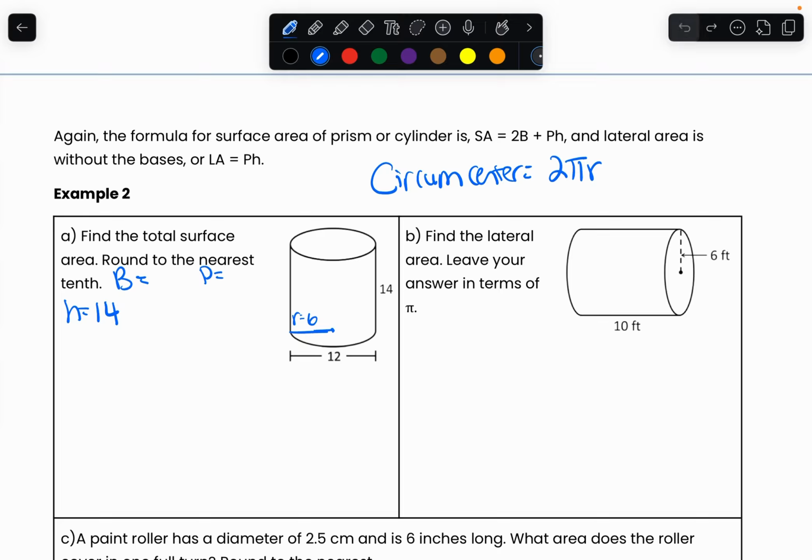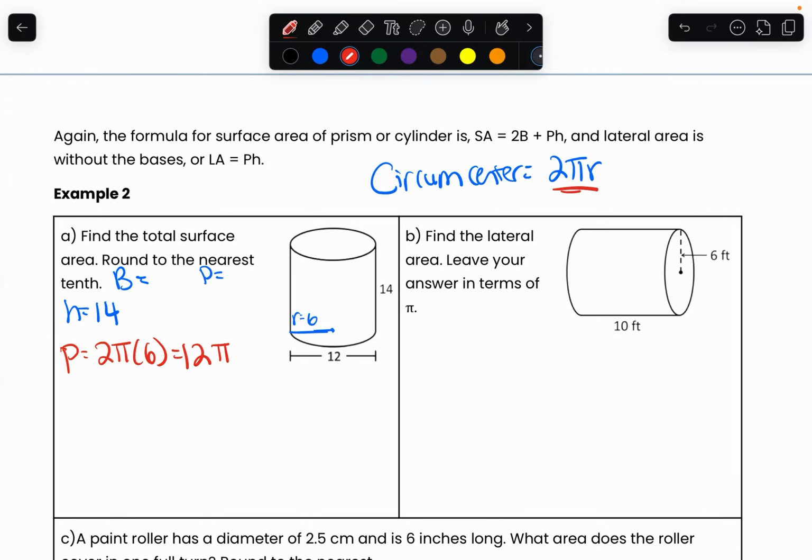Now let's start by finding the perimeter of my base first, because this is something new. My perimeter of my base here, which is a circle, is what we call the circumference. So we have to use this formula right here, which is 2 pi r. Now I know my r here is 6, so let me replace this with 6. And now I just solve. I will have 2 times 6, which gives me 12, and I'll leave the pi here for now.